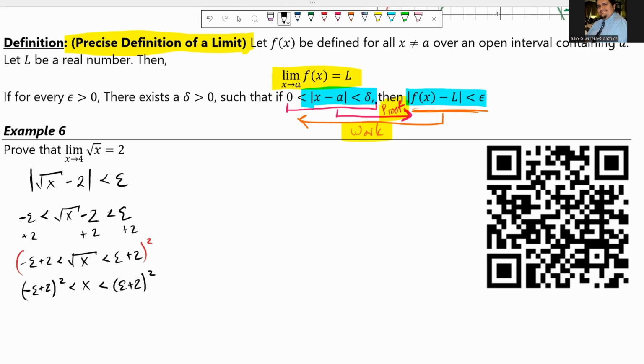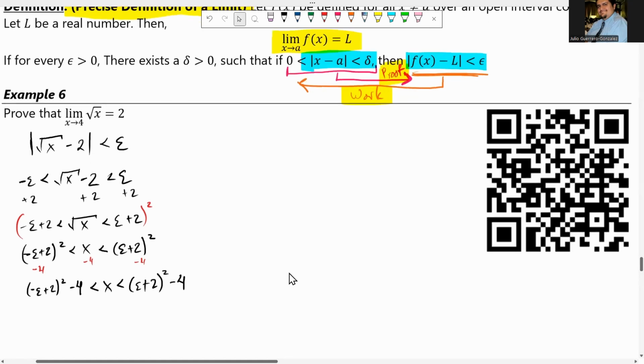And finally, I can subtract 4 from all of the inequalities. So I get left with this: minus epsilon plus 2 squared minus 4 less than x less than epsilon plus 2 squared minus 4. Notice that the order got maintained.